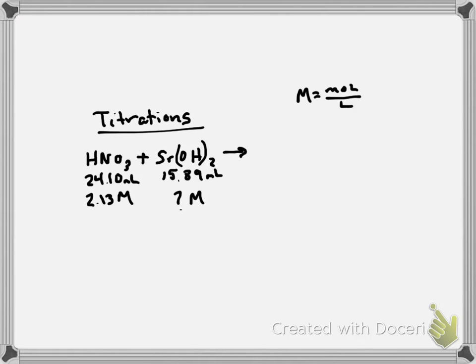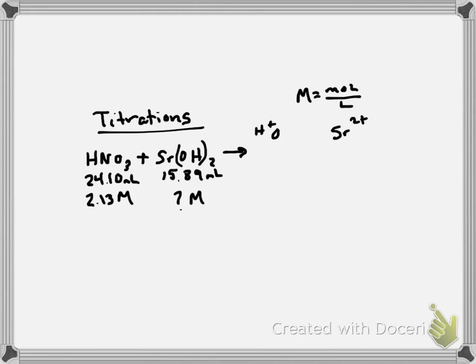The first thing that you need to do is make sure that you complete a reaction. Please, oh please, do not try and do a titration without completing the reaction. So we're going to use our strategies. You take the first things and write them up here with their charges. Strontium's 2+, and then they're just going to switch partners. Hydrogen's no longer going to be attached to nitrate.